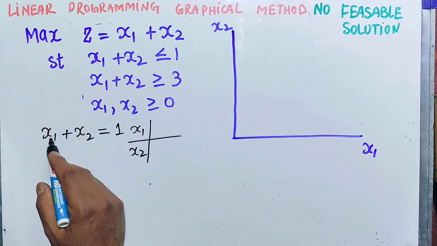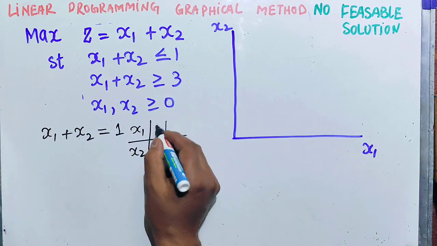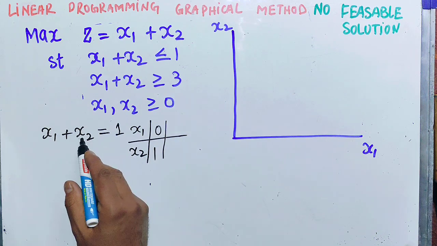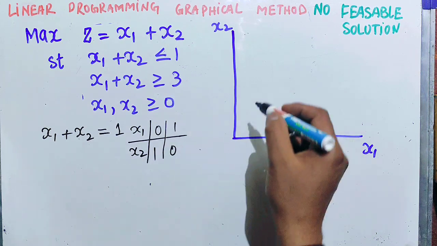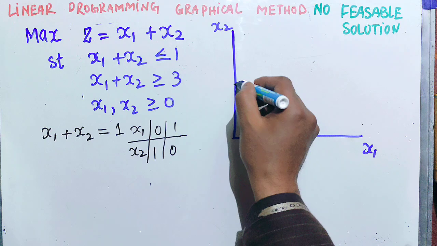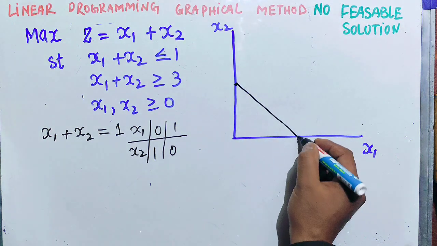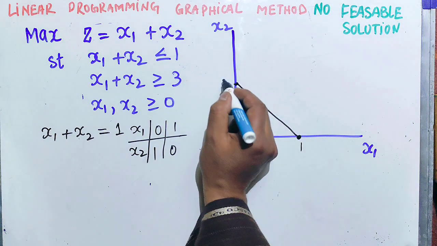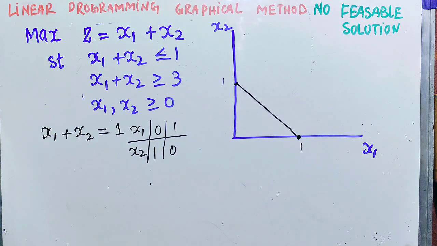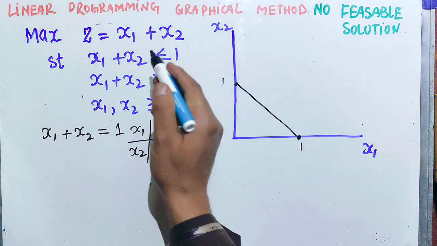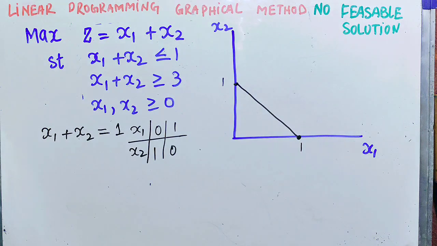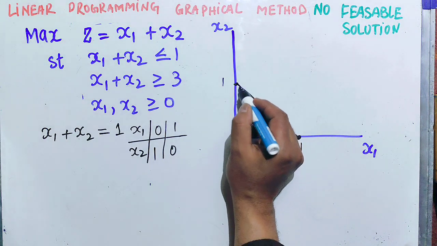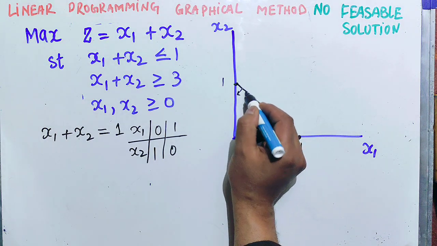When x1 is equal to 0, x2 will be 1, and when x2 is equal to 0, x1 will be 1. So let us say this point is 1, this point is also 1, so we will get this region. Since we have less or equal to sign, that means we need to shade the below area.